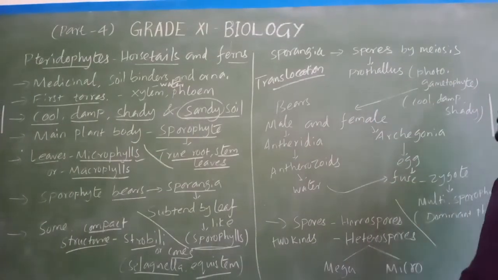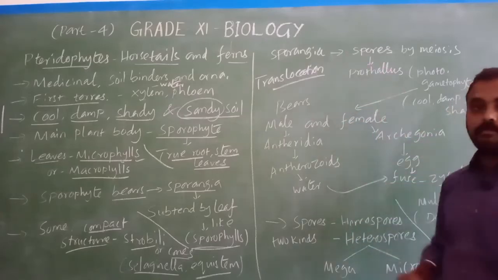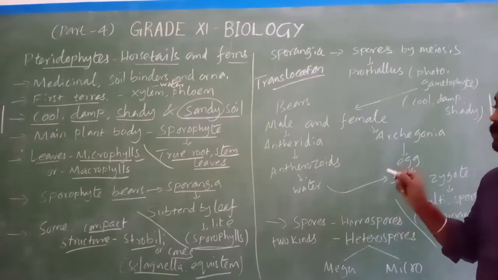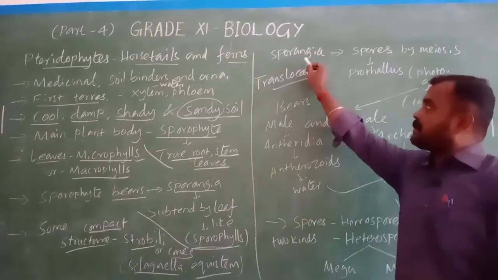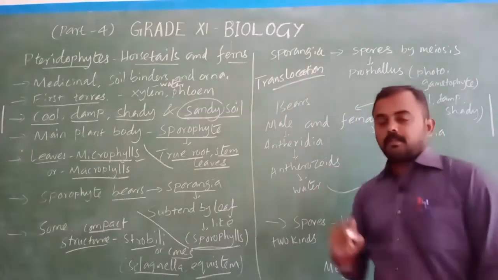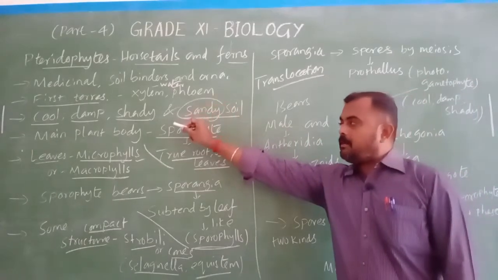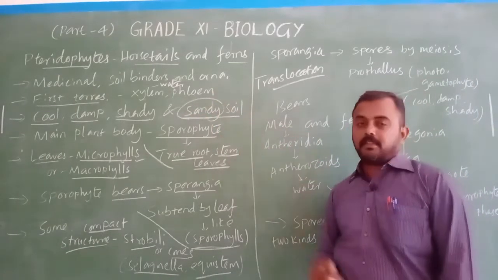Next we will talk about the sporangia. Sporangia are present in the sporophyte, the main plant body in the pteridophytes.